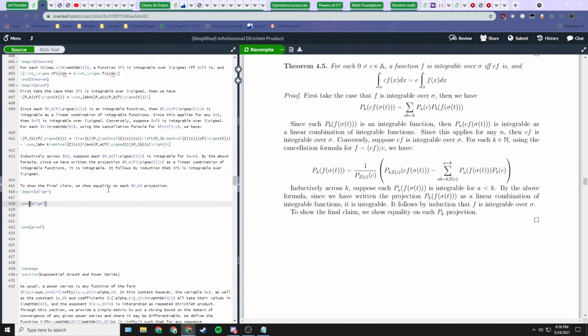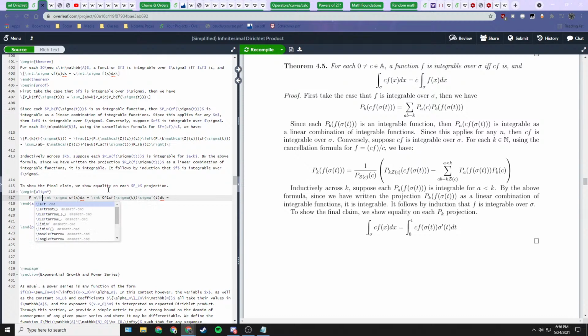So for the first one, we'll have the integral of sigma cf x dx. This is the integral from 0 to 1 of cf sigma t, sigma prime of t dt. And the next step is we want to actually do a projection.